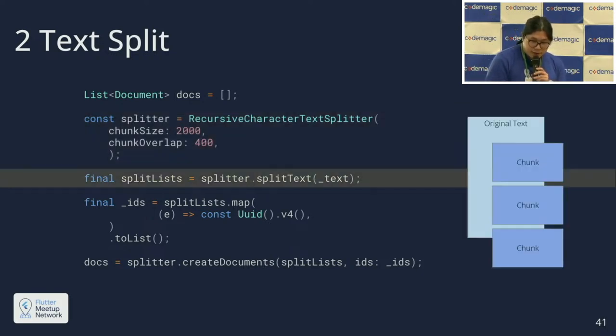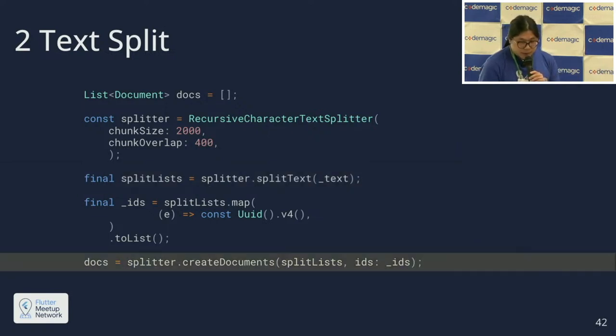I initialize the split list variable with the text value input into the splitter. The splitText method returns a list of strings. Now we need to create documents: pass the list of strings and ID values into the splitter's createDocuments method.